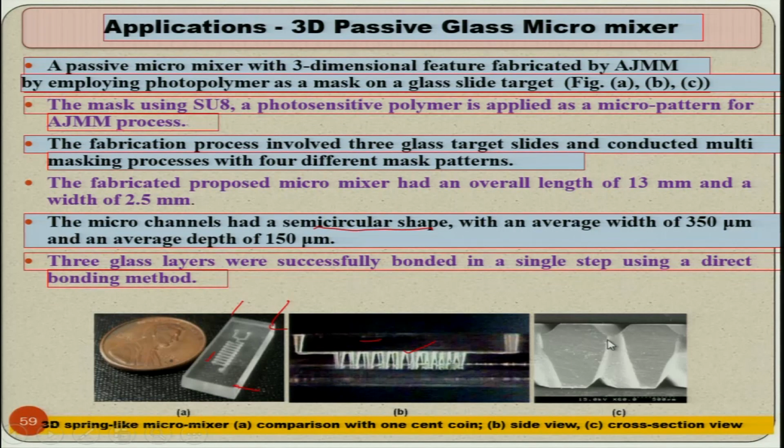So, you can clearly see this is the kind of channel that has been cut over there, and this is another cross section of the channel. So, you can clearly see what kind of features you can create at the micro level. So, this is the comparison of the 1 cent coin and micromixer plate, and this is the side view of that particular one, and this is the cross sectional view.